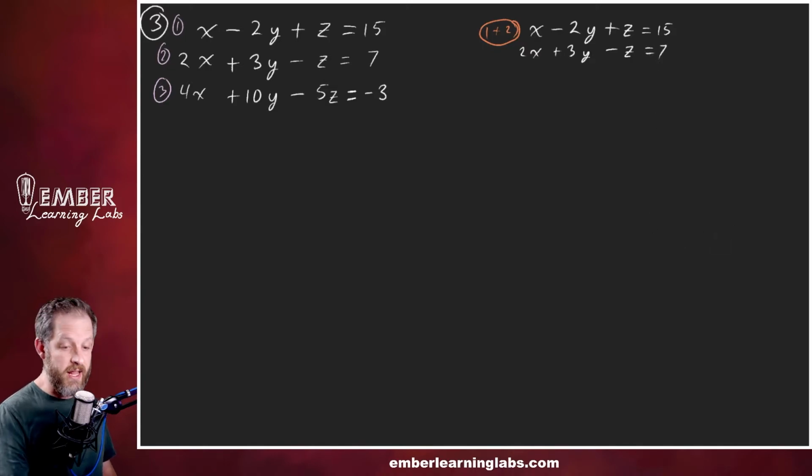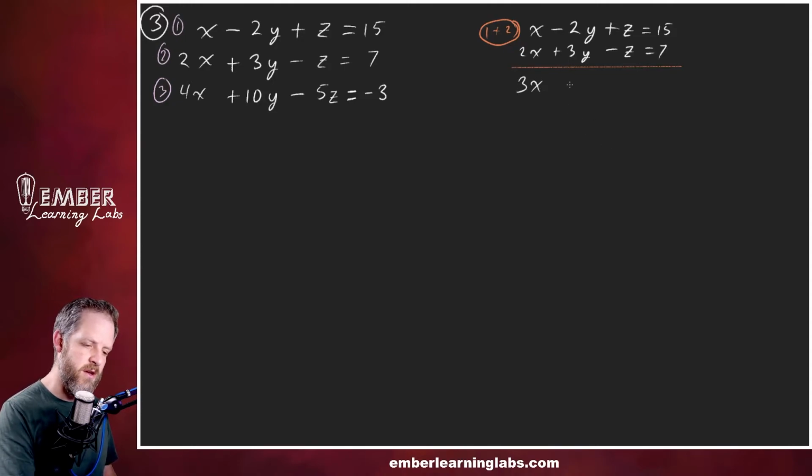And then we're going to eliminate. Go ahead and add them up. We end up with the equation 3x plus y equals, the z's cancel, of course, 22. So we've got a little two-variable equation.